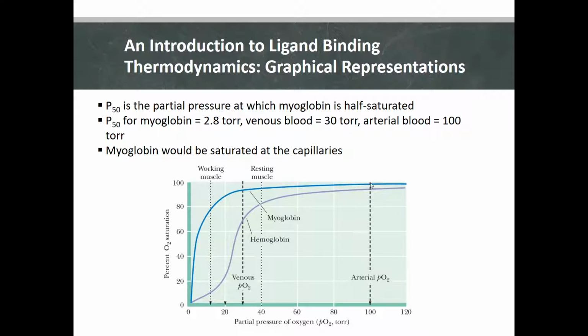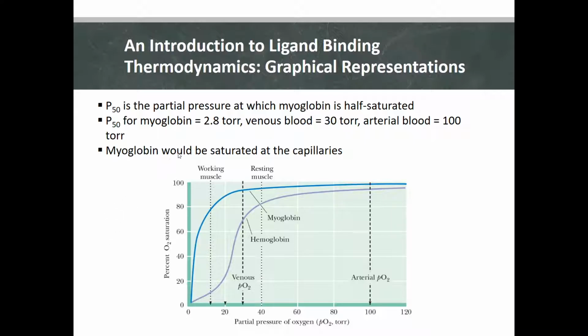But if I take either of these proteins down to working muscle, in vigorously contracting muscle, I'm using O2 to facilitate aerobic respiration, so my oxygen concentration is lower than in those arterial conditions.